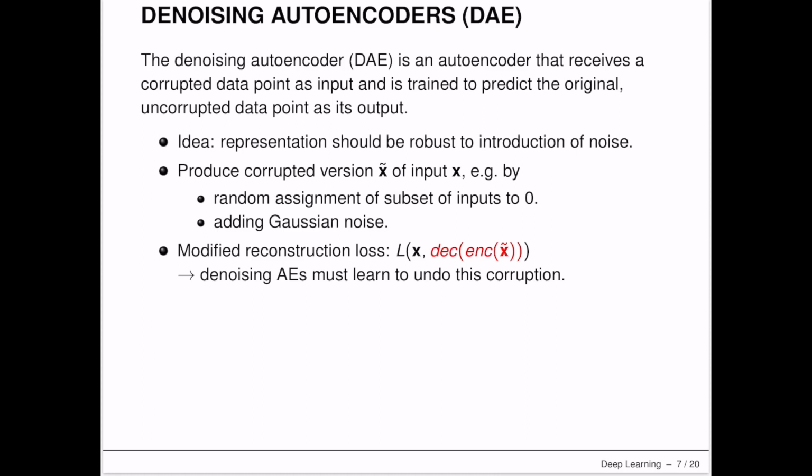We still have a reconstruction loss, but now the input to the encoder is the noisy version of x, which is then fed to the decoder. And this reconstruction of the noisy input is compared to the original input. So the model learns to reconstruct the original input given some noisy version of the input. So the autoencoder must learn to undo the corruption or noising process.